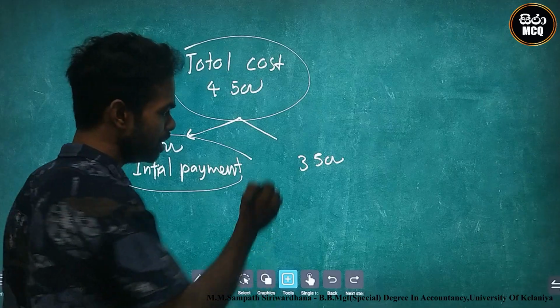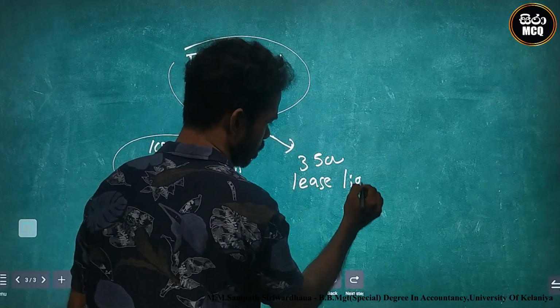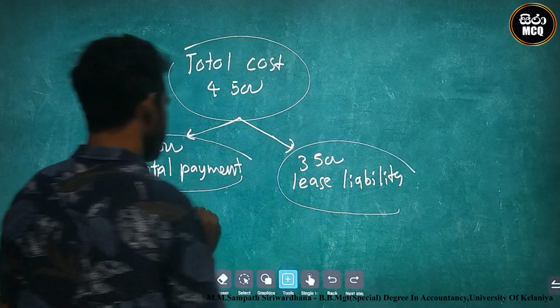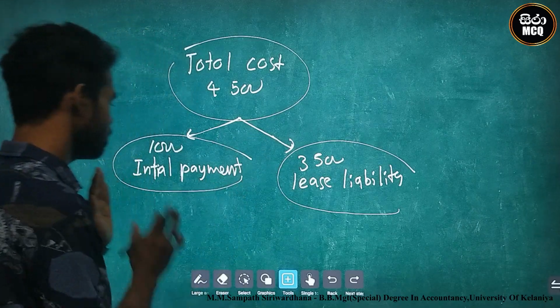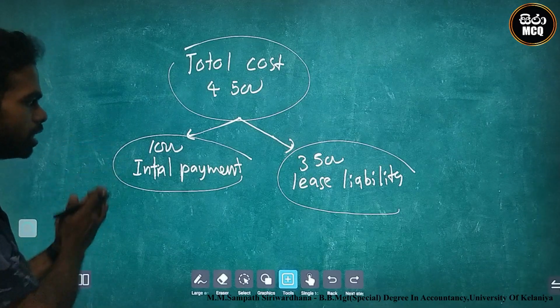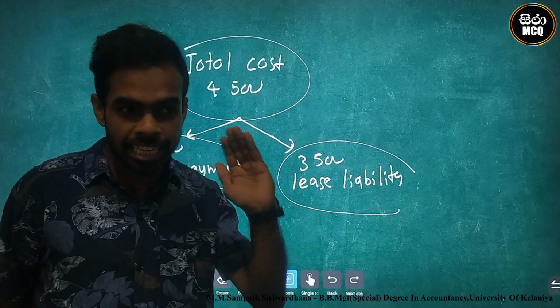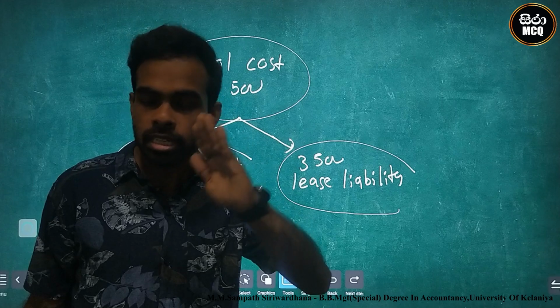This is the lease liability. There is no impact on the cash flow statement from the lease liability, but the initial payment should impact the cash flow statement. Why? What is the double entry for the initial payment? Cash credit, right of use asset debit.